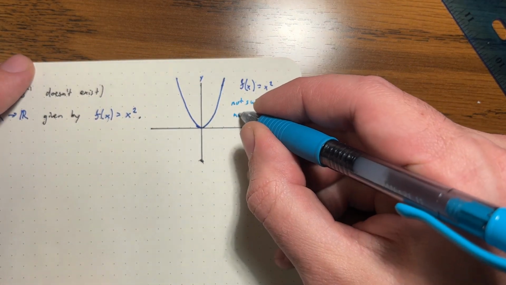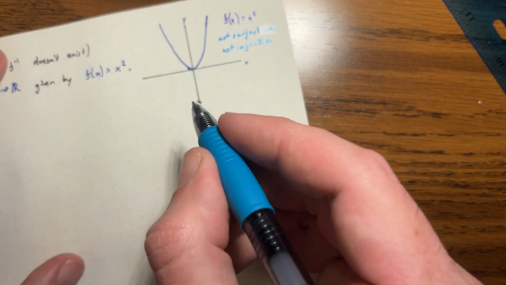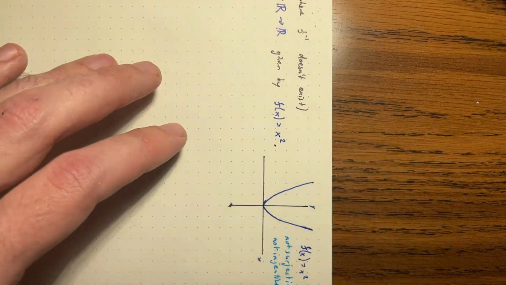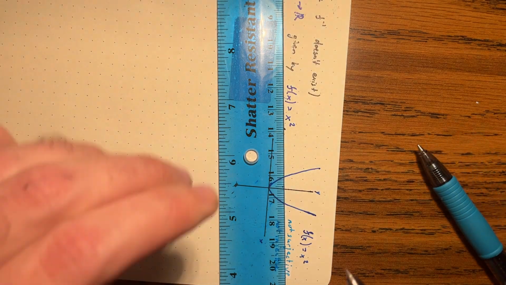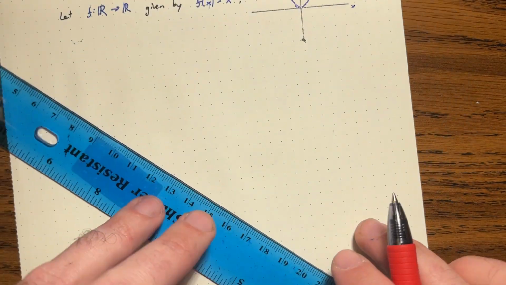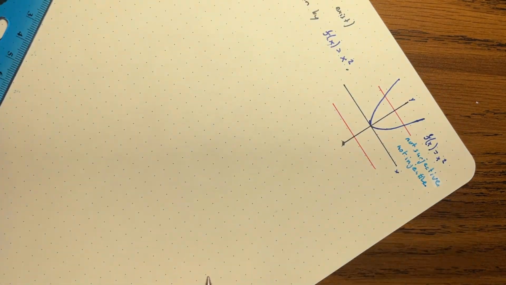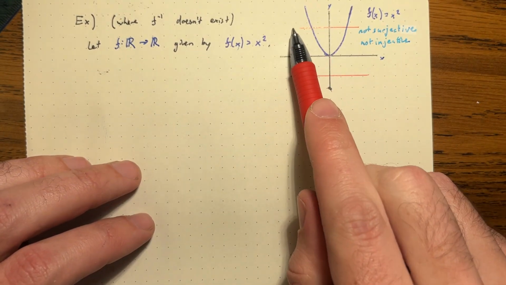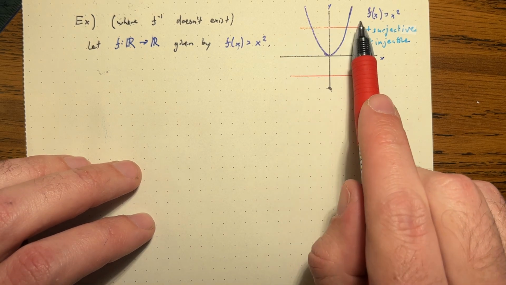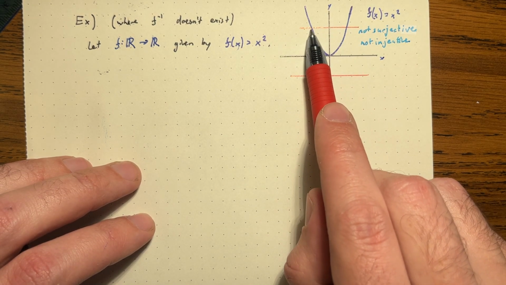It's also not injective, right? And can you see that in the graph? Well, yes, that's essentially the horizontal line test. So, the horizontal line test also covers surjective. So in order for it to be injective, any horizontal line needs to meet at most 1 point, but here it meets at 2, right?